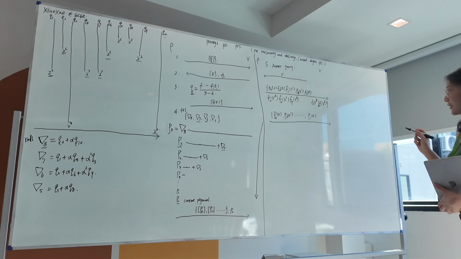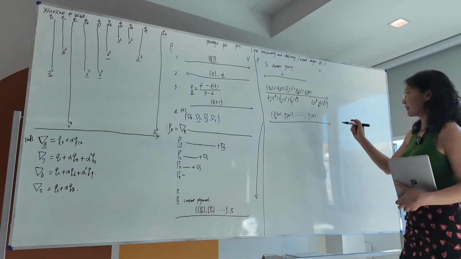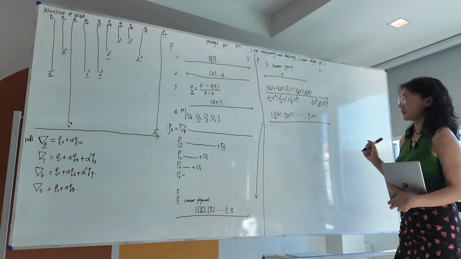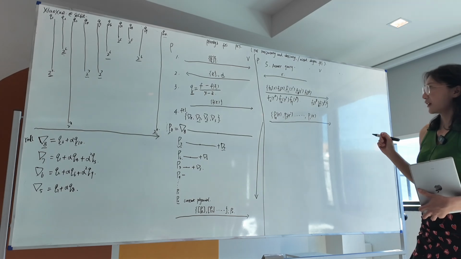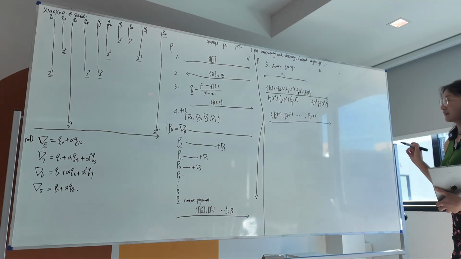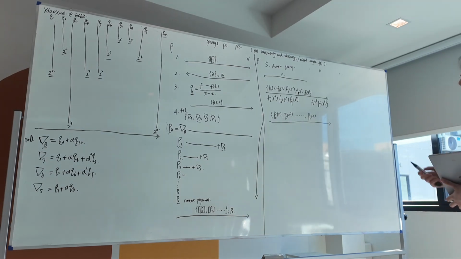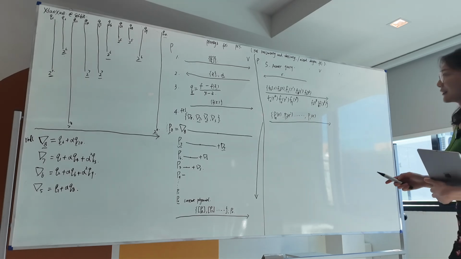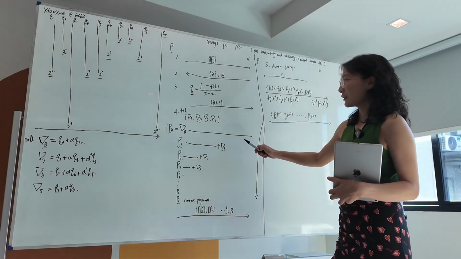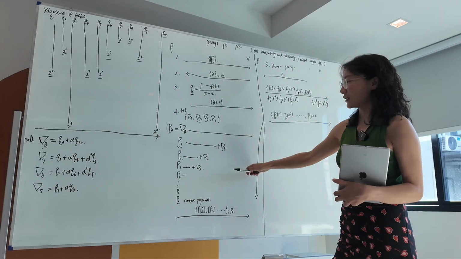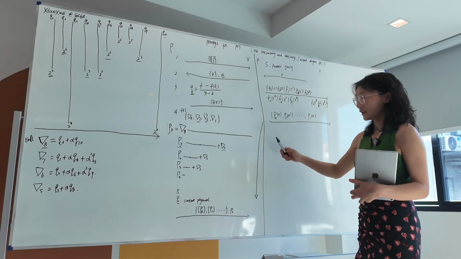Okay, now with this data, the verifier could check the whole process. We can see the verifier needs to check three things. First, the correctness of the FRI fold.